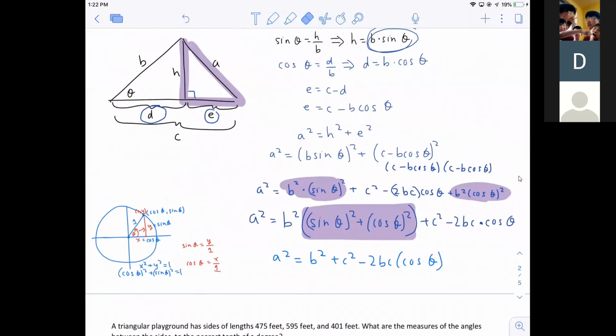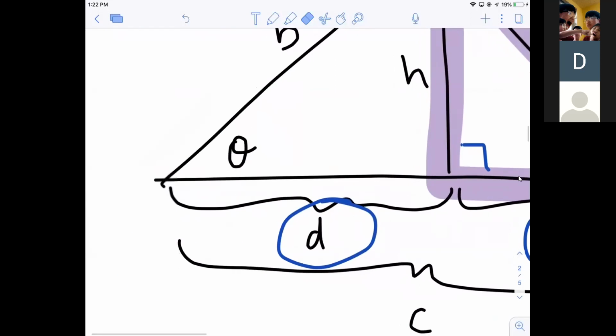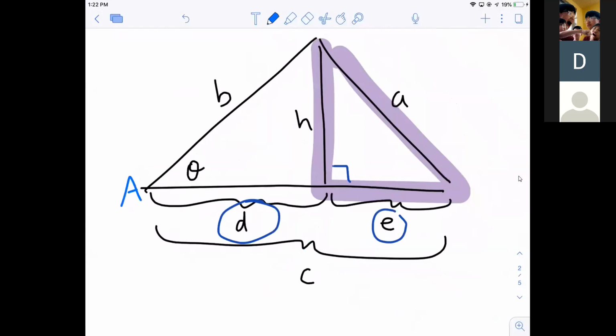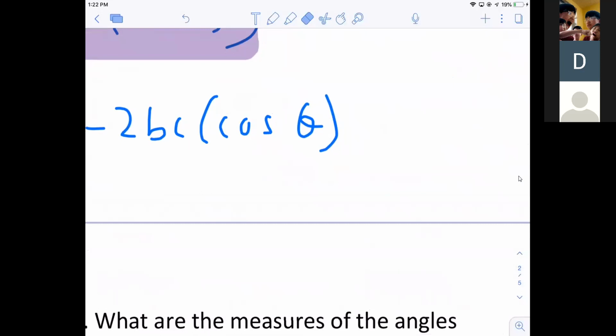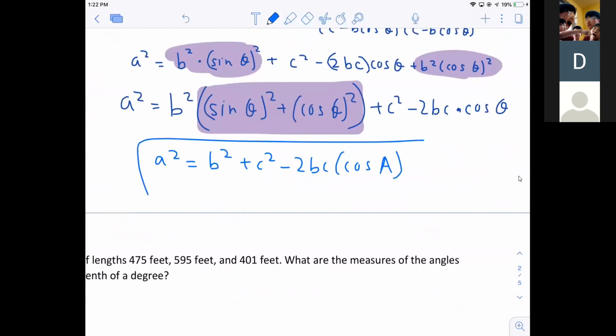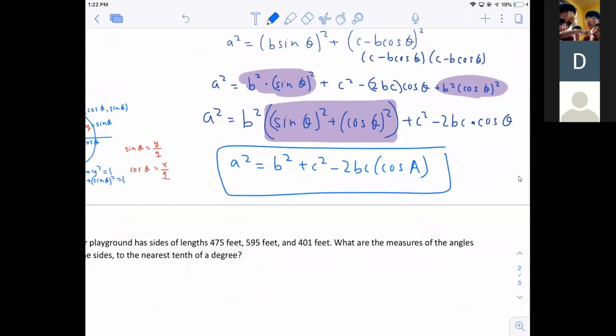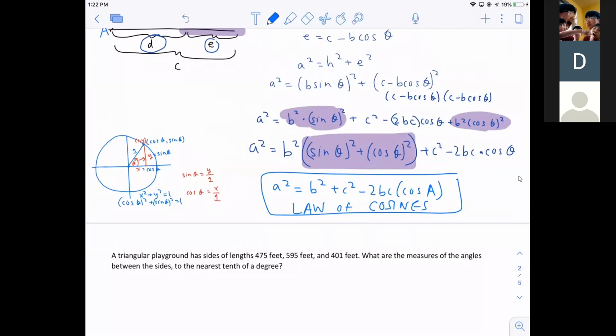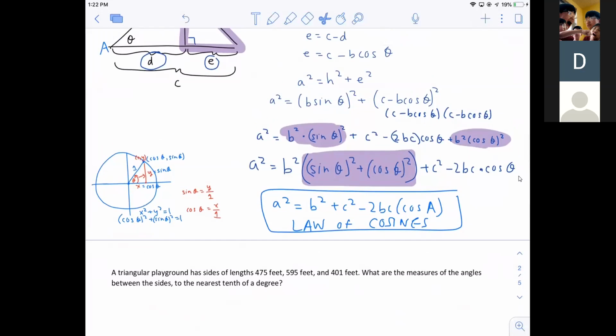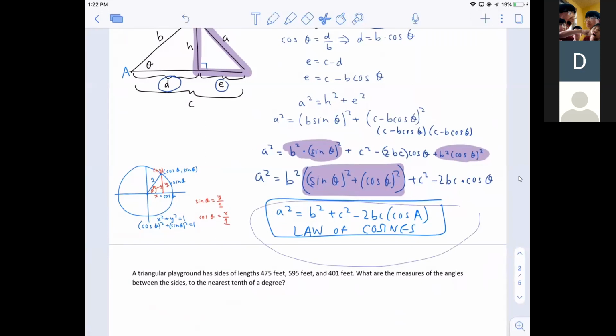Well, that theta, that was angle A, because that's across from A. So I'm going to replace this theta with A. And there we go. That's our law of cosines. So I'm just going to do one example of this, and that's going to be it.